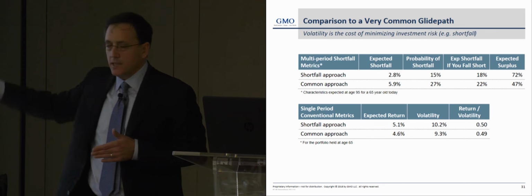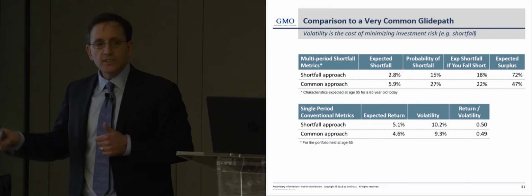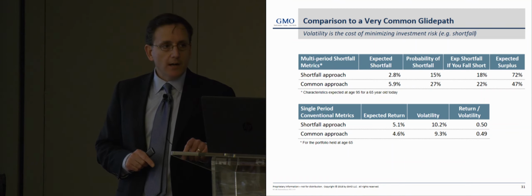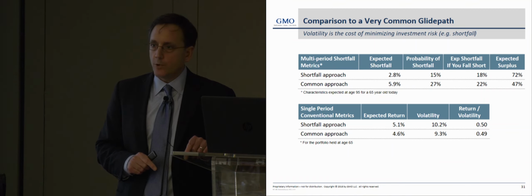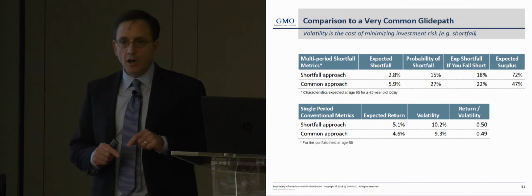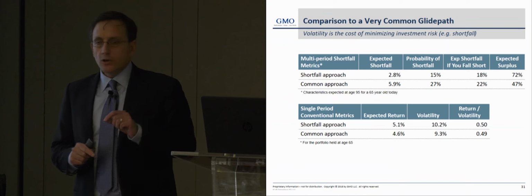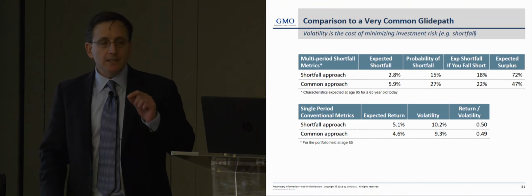And that's in the bottom panel here. So what we see in our approach, the expected return is higher, 5.1 versus 4.6, and the volatility is also higher, 10.2 versus 9.3.